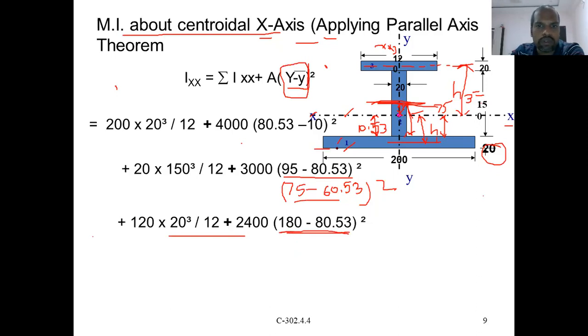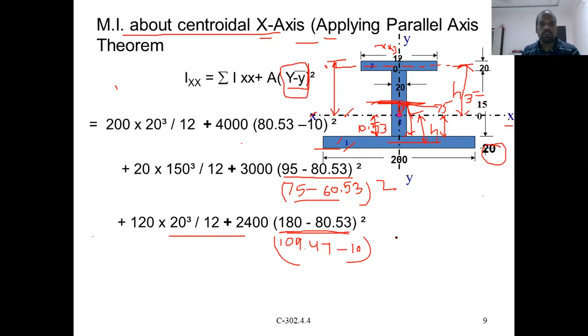He has taken from the bottom to the centroid, which is 180, minus this one. Whereas we have taken from here to here, which is 109.47 minus 10 mm. Now calculate both, you will get the same answer.